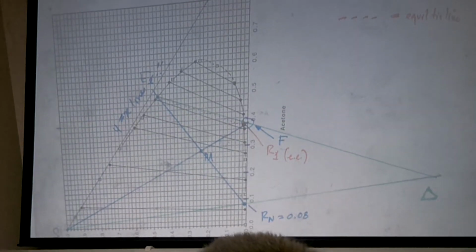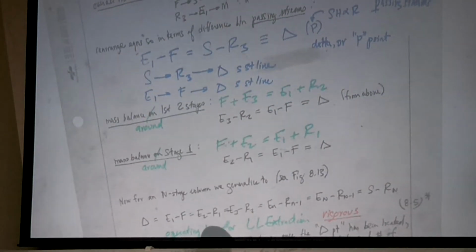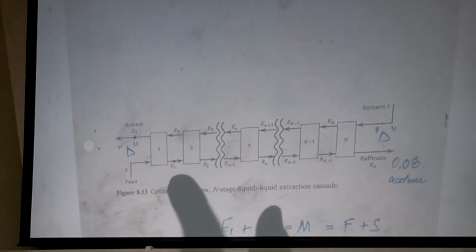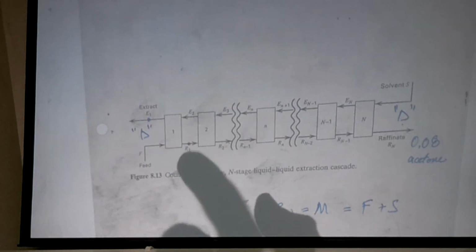Now what do I do? R1 is on the same line with E2 and delta. We've got E1, equilibrium gives us R1. Now we use operating and the delta point to get E2.